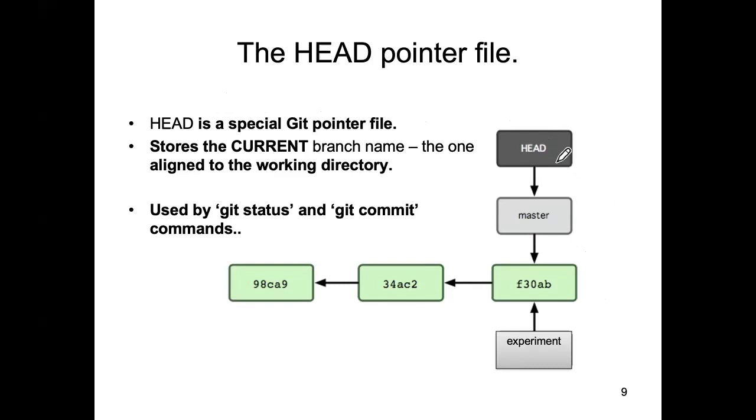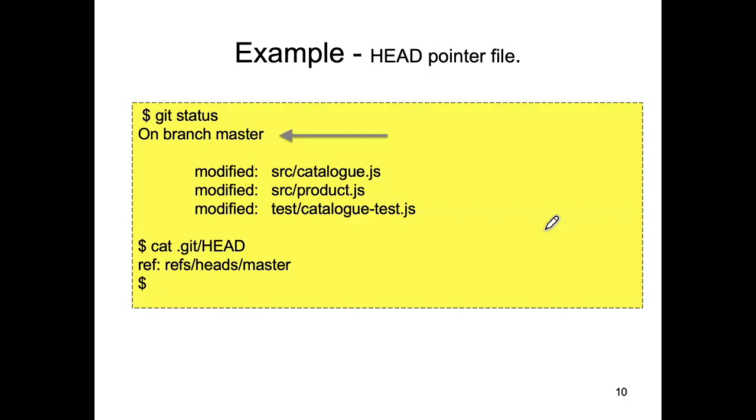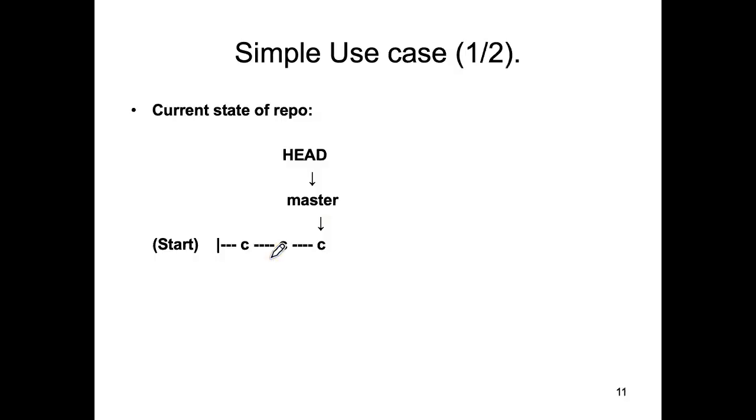Head hasn't changed though. Head is still going to be pointing at the master branch file. And then this is just another kind of proof of that. If I do a git status, it tells me I'm on the master branch. When I do a cat on the head file, it tells me, yes, you're aligned with the master.